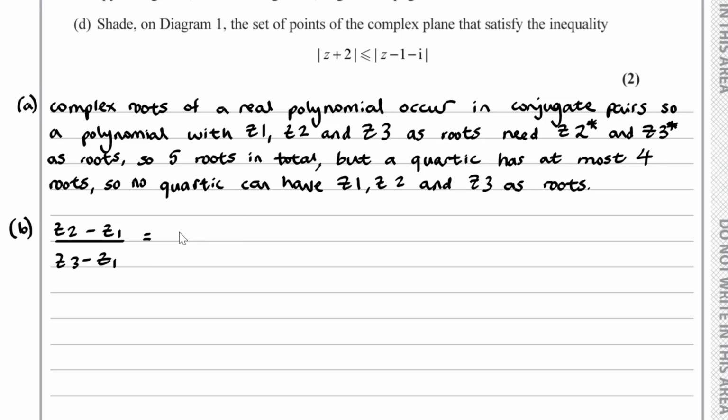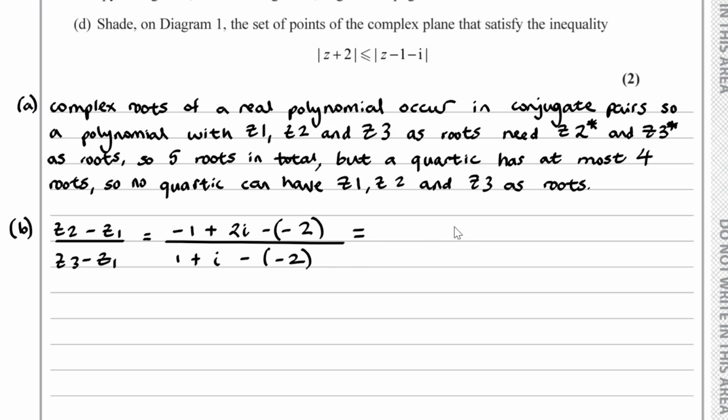We have z2, which is minus 1 plus 2i, and then we subtract off minus 2, which is what z1 is. Maybe if I put this in brackets, and then we divide this thing by 1 plus i minus 2. Okay?